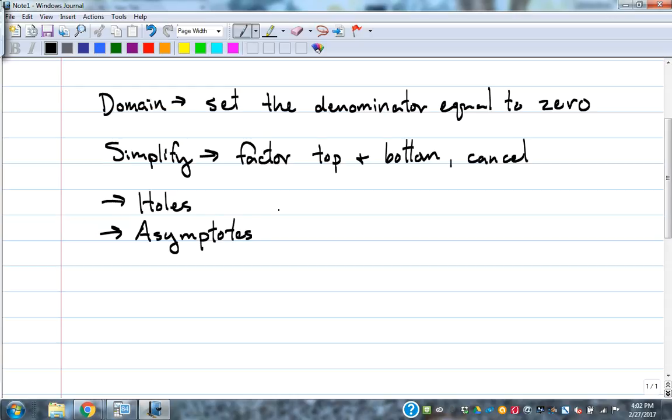And asymptotes are these imaginary lines that kind of guide the graph in what's going on. And there's 3 different kinds of asymptotes that we'll be finding. One of those is the vertical.